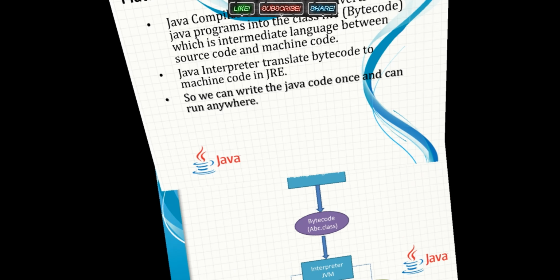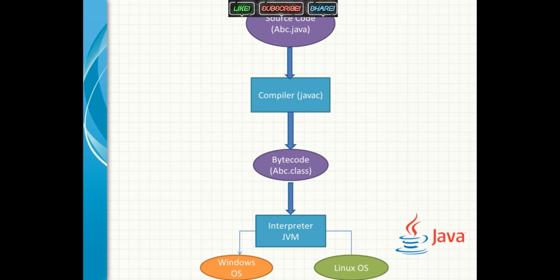So this is the diagram which we will follow. We will write a program here, demo.java, for example abc.java. This is the source code. Then we will compile it with the tool javac, the Java compiler.